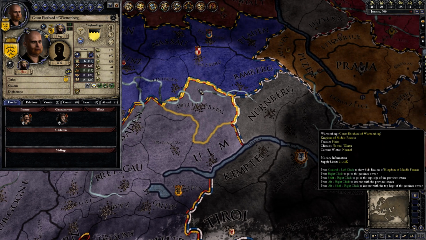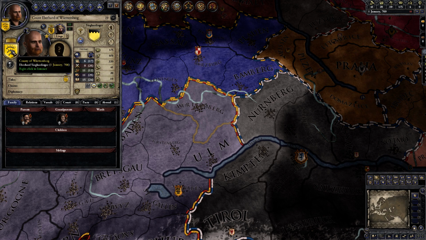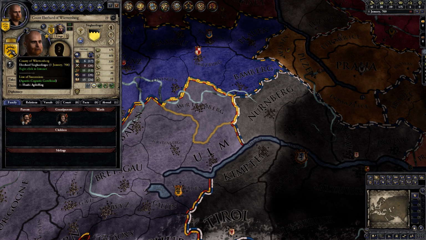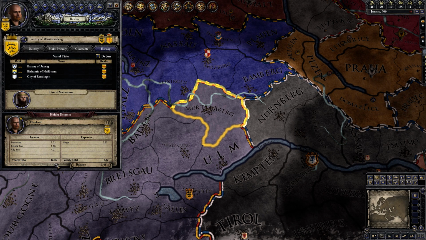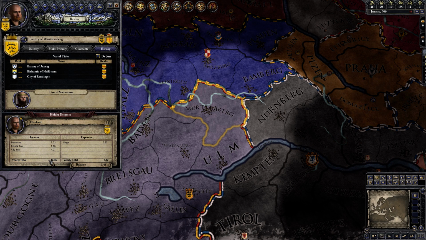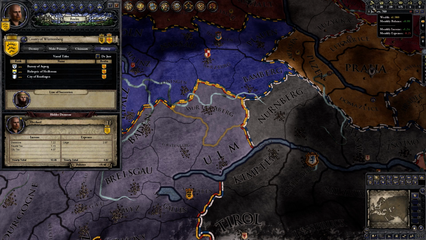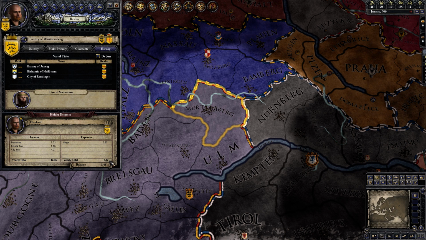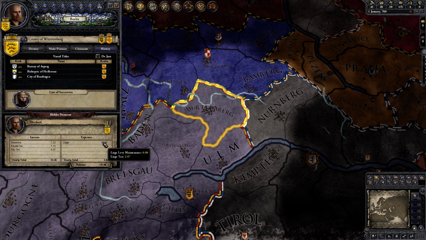Okay, so let's go through some more stuff. This is our county, the county of Württemberg. You can see how much money we will get in a year. It's 12 point almost 5 gold, and how much money we are going to pay our liege.